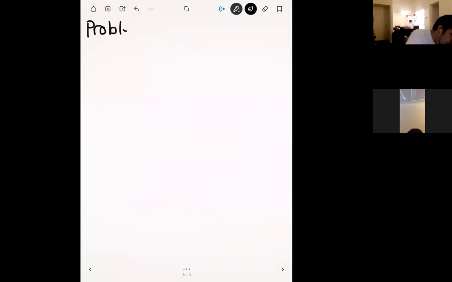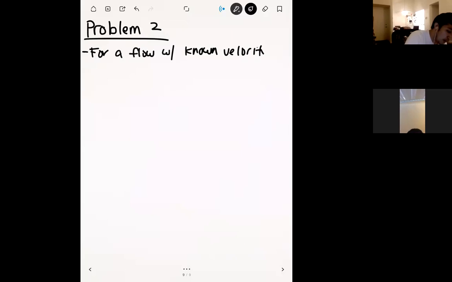Because if you have a general flow, and you know its velocity distribution, we want to know, is this enough information to tell if it's going to be stable or unstable?